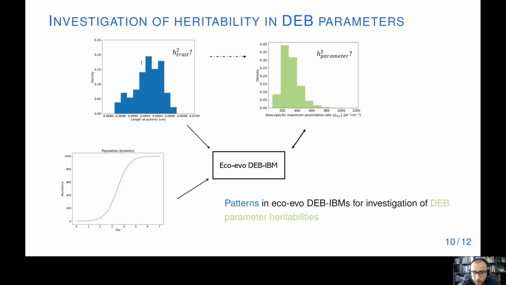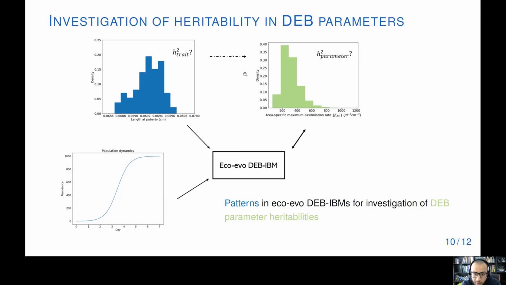And even though these preliminary results suggest interesting applications for the eco-evolutionary DEB-IBM, linking the model with data remains, of course, challenging and a big bottleneck. Estimating individual variability and heritability of DEB parameters from datasets are methodologically very challenging, requiring probably elaborate experimental setups and advanced statistical methods.